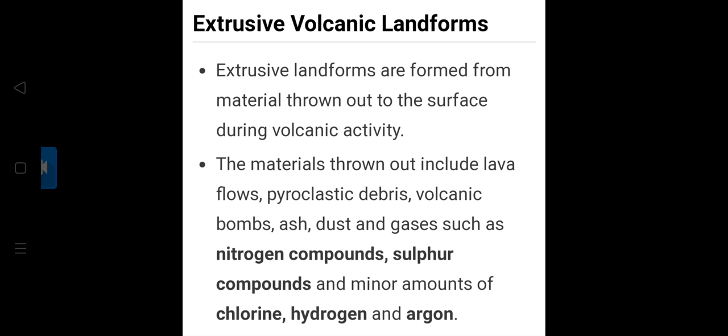When lava which is thrown out solidifies into small fragments before coming down to the earth, they are called volcanic bombs. Also ash, dust and gases such as nitrogen compounds, sulfur compounds and minor amounts of chlorine, hydrogen and argon.